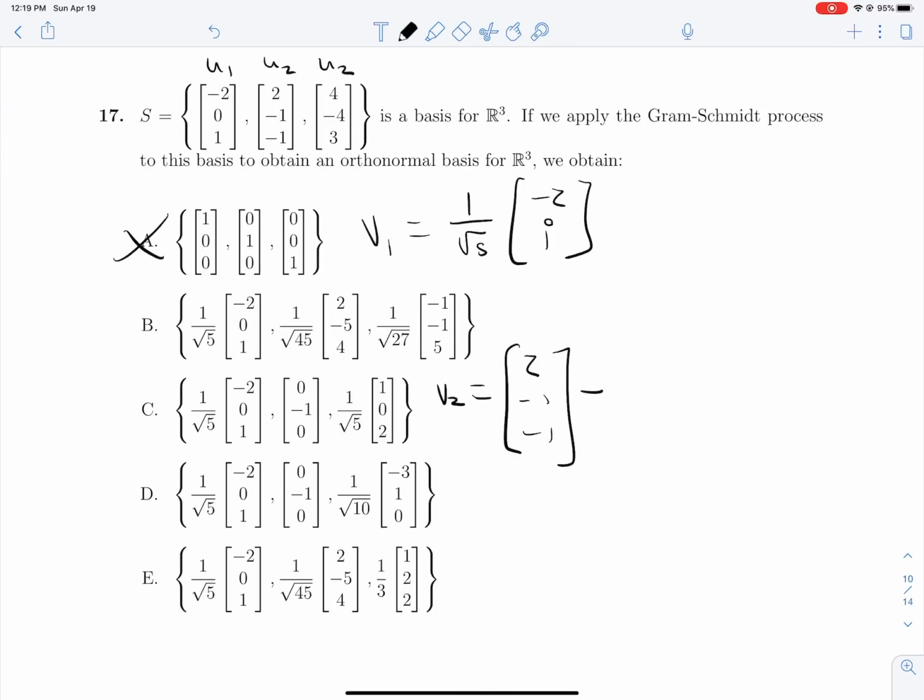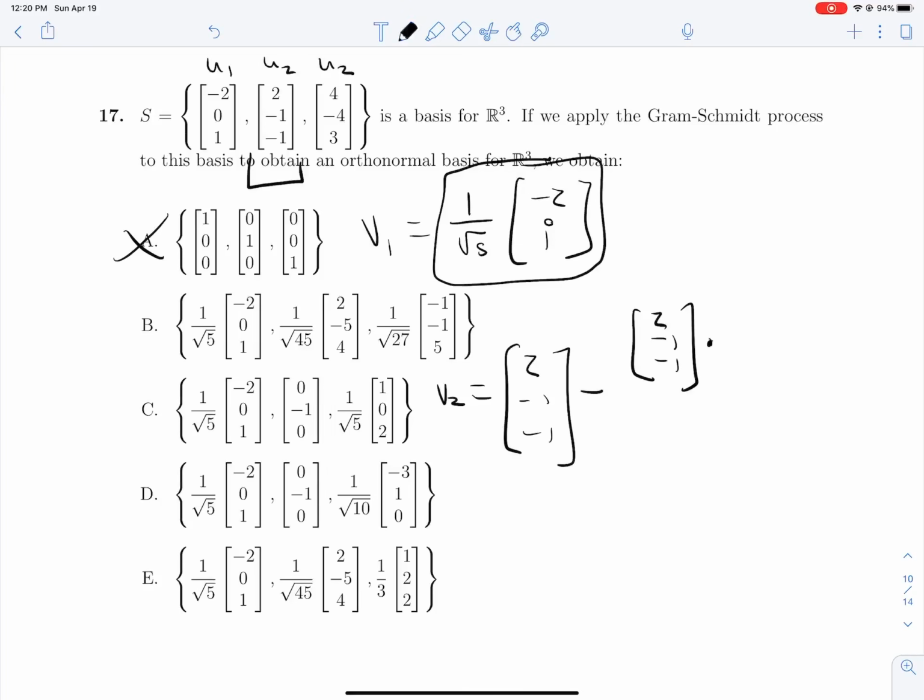We are taking u2, so 2, negative 1, negative 1, and we're dotting it with our first unit vector. I accidentally said the first vector in this setup, but really we have to use that unit vector.